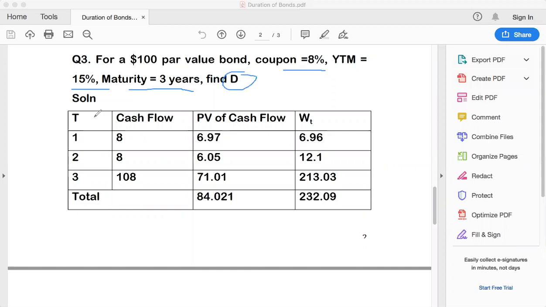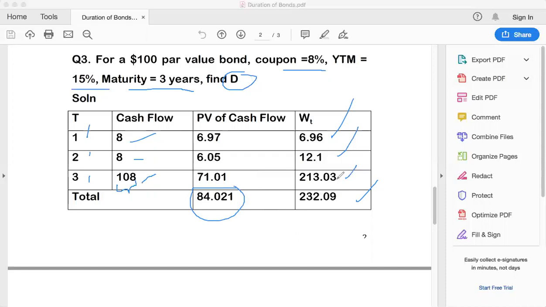So if we make a table like this, this is year 1, year 2, year 3, and the cash flows are $8, $8, and $8, and we get a terminal value of 100 also. So we got the present value of the cash flows like this, right? And when we sum it up, you get the present value like this.